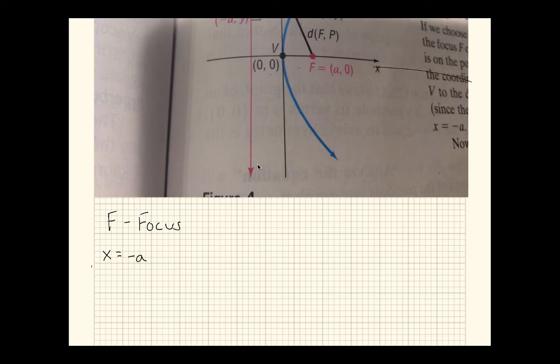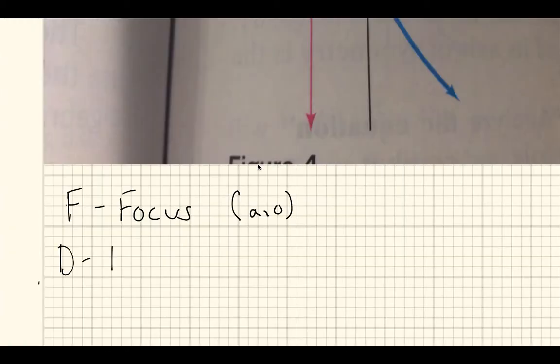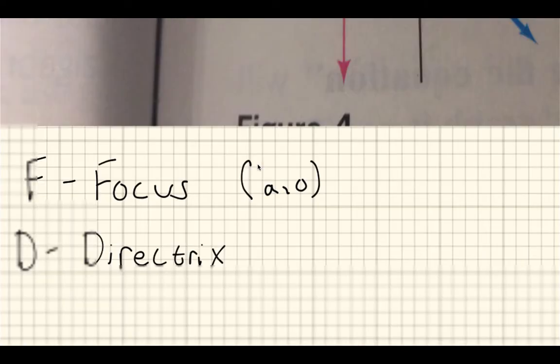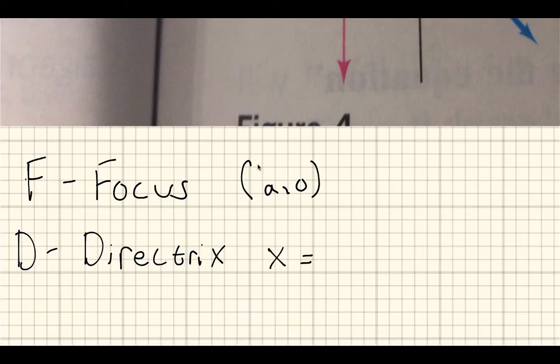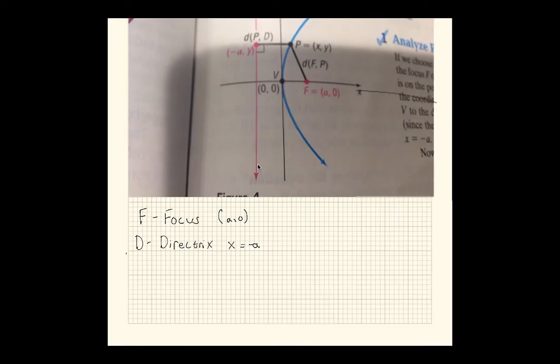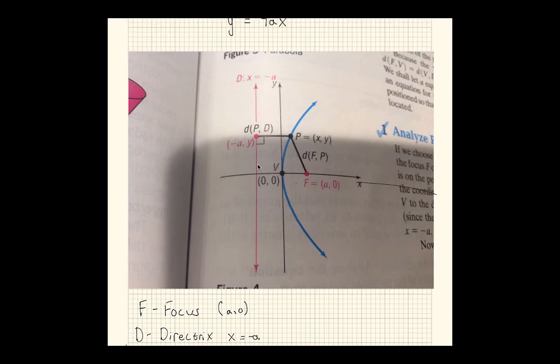We should say the focus is the point a comma 0 in this case. And the directrix is a line, x equals negative a in this case. So again, every parabola has a focus, which is a point, and a directrix, which is a line.